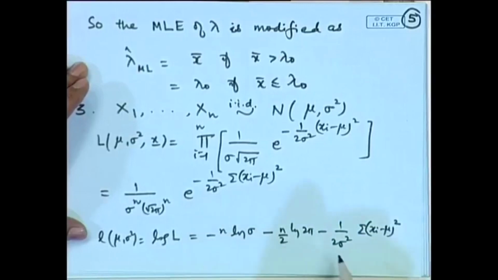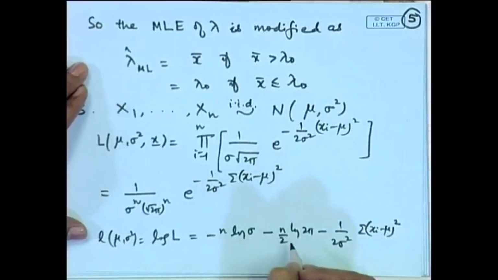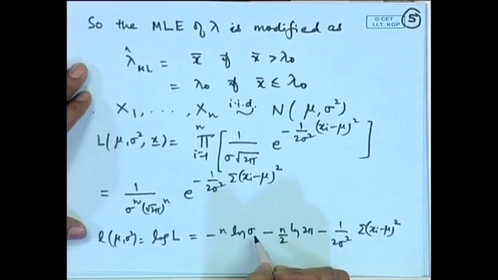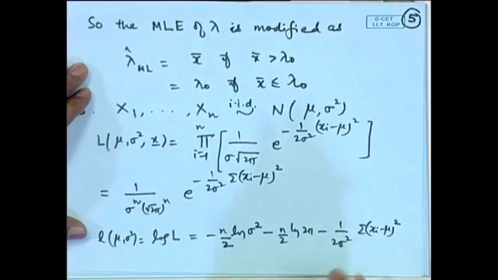One may ask that if the parameter is sigma square, then whether we should write it as sigma. The answer is that both are okay, because maximum likelihood estimation is invariant under the transformation of the parameters. Suppose I obtain the MLE of sigma square, and then I want it for sigma, then I should simply take the square root of that. So, I may write it like this also, it does not make any difference.